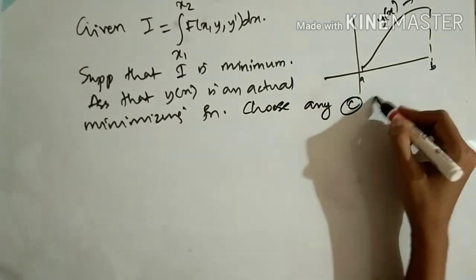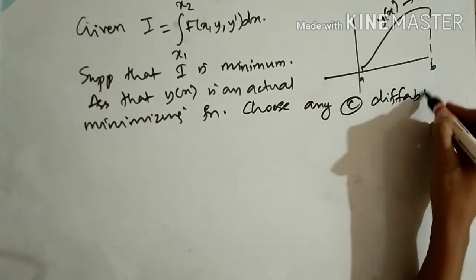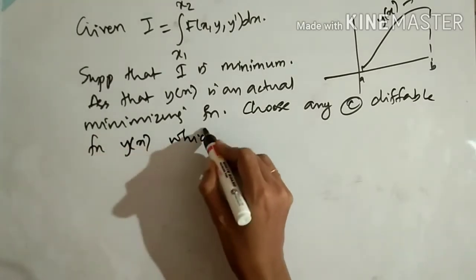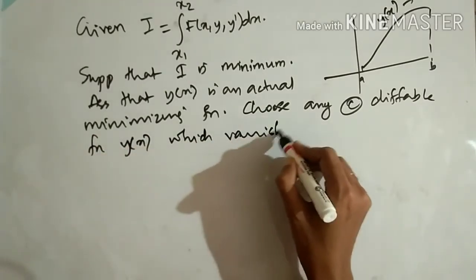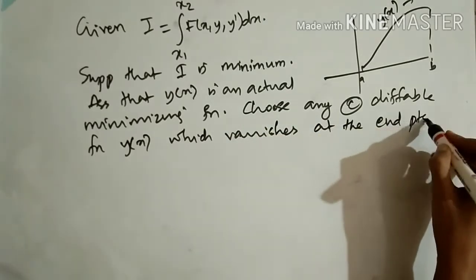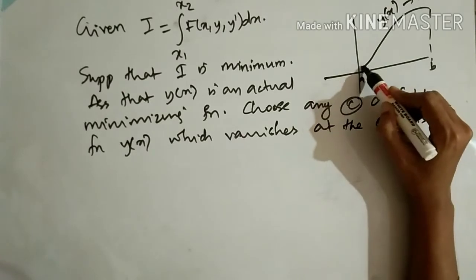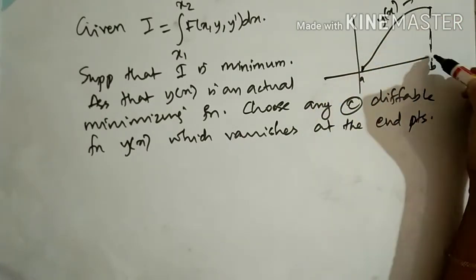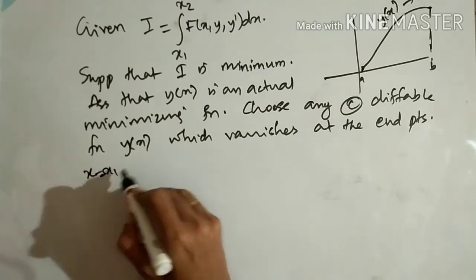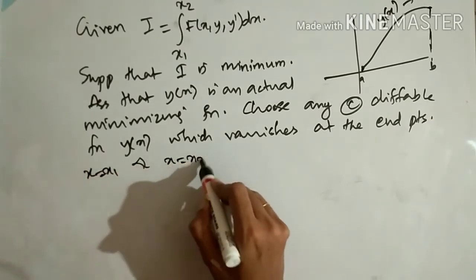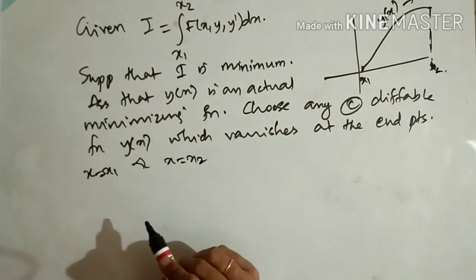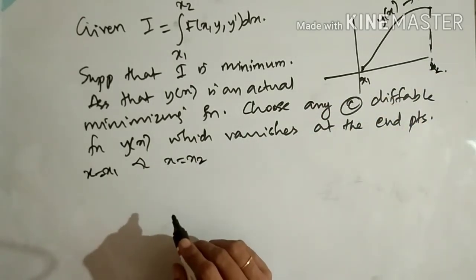Now you can choose any continuous differentiable function eta(x) which vanishes at the end points. You have to choose such a function. These functions vanish at the end points, x equals x1 and x equals x2.